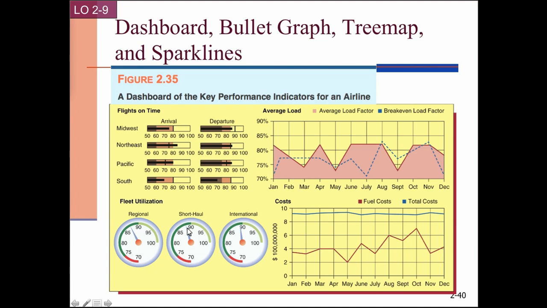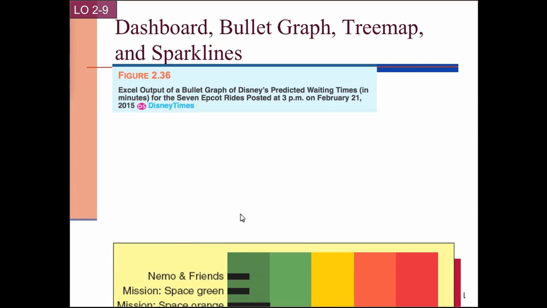The short haul was a little bit better, maybe 88. The international reached almost 90%, so they did the best. In this book, as I said, in supplement videos, you will find instructions on how to repeat those step by step and design them on your own with Excel.